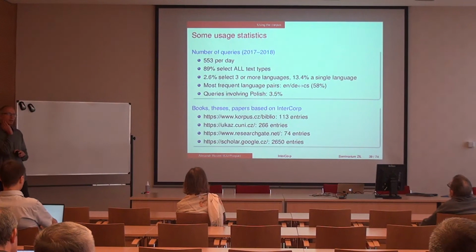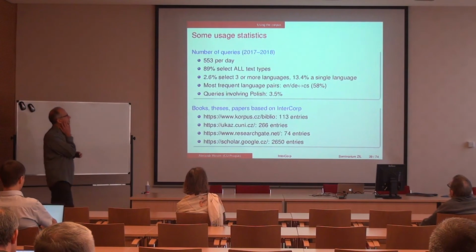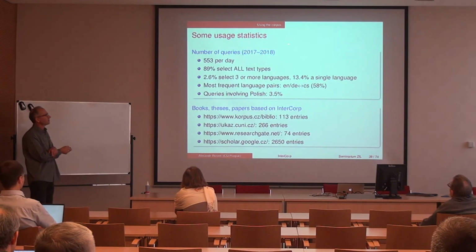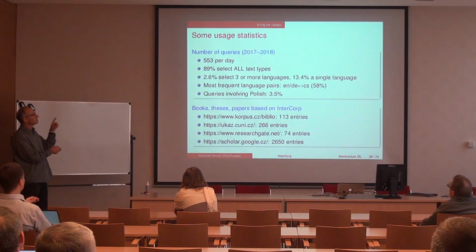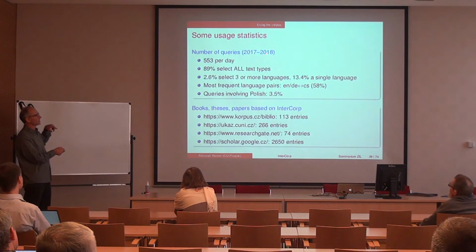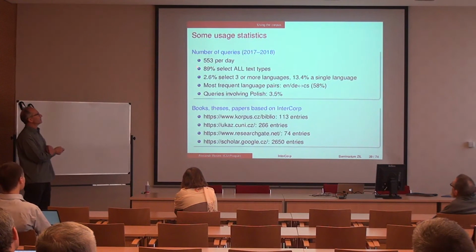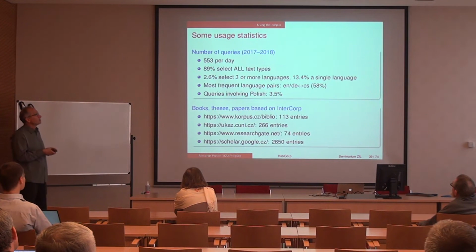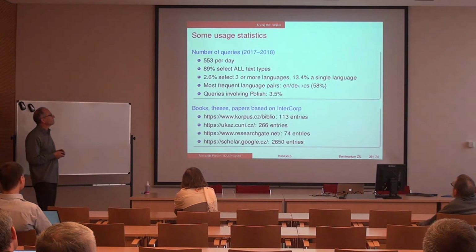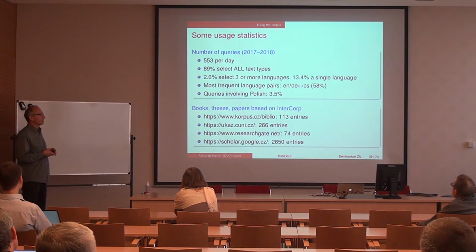So how do people use the corpus? I do not have the most recent data, but this is one year, basically an academic year. Per day we have 553 queries.